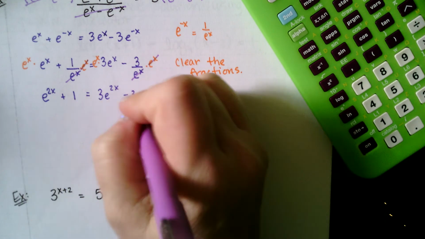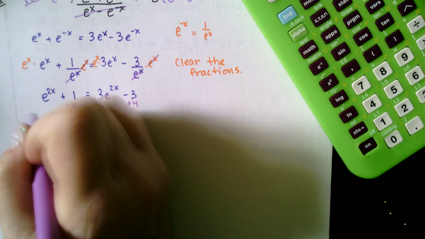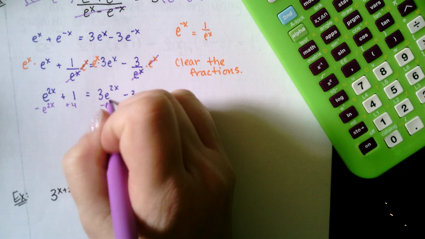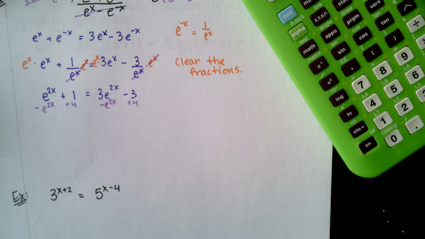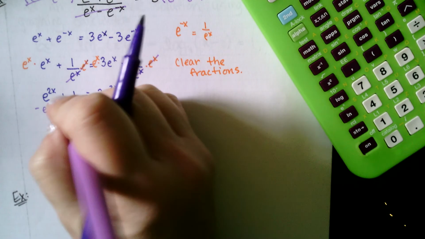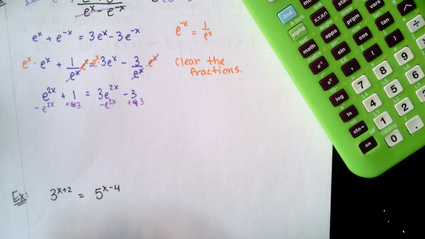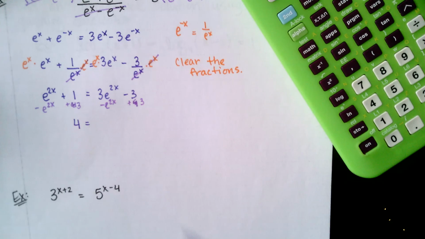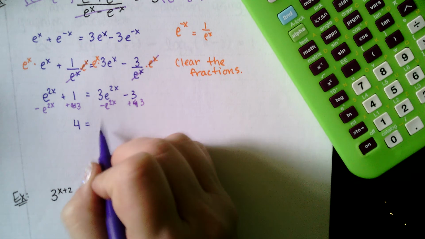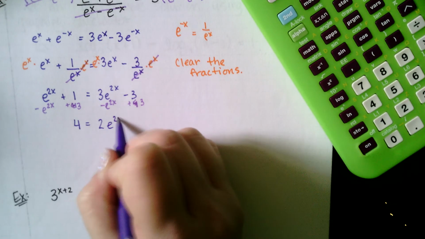So I'm going to add my 3 over to that side and subtract e to the 2x from this side. Oh, that's not a 4, that's a 3. I mean, 1 plus 3 is going to give me 4. So there's that. So I have 4 equals 3 minus 1, so 2e to the 2x.